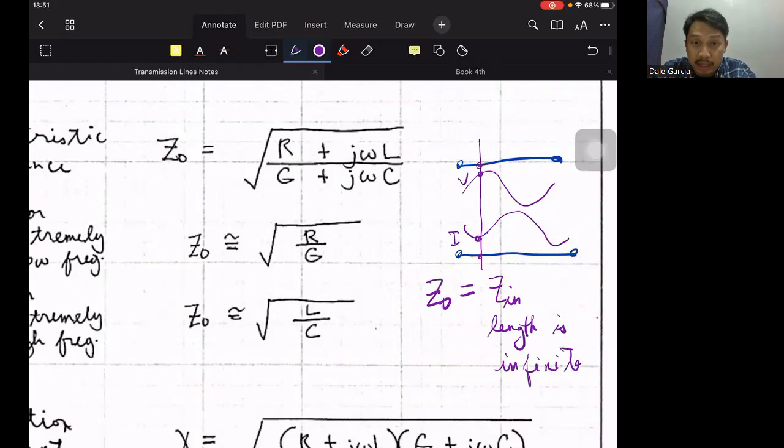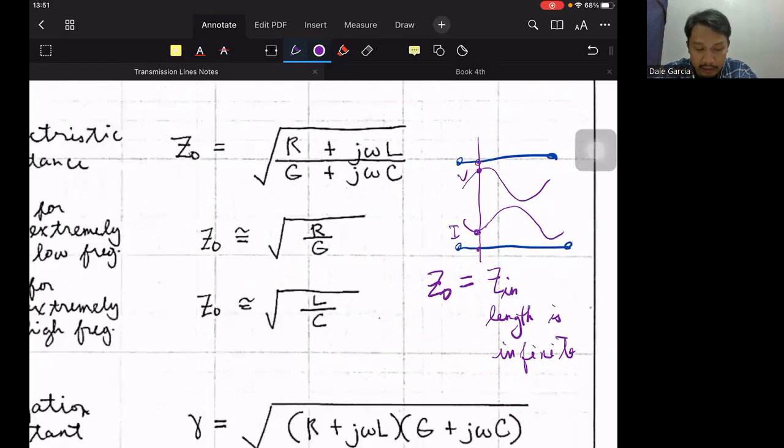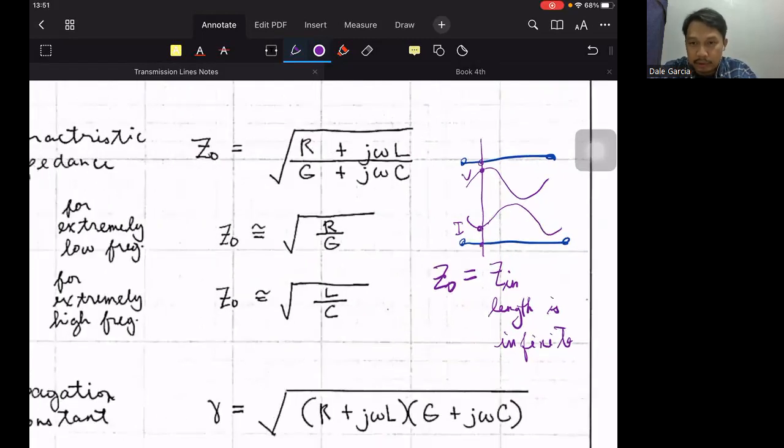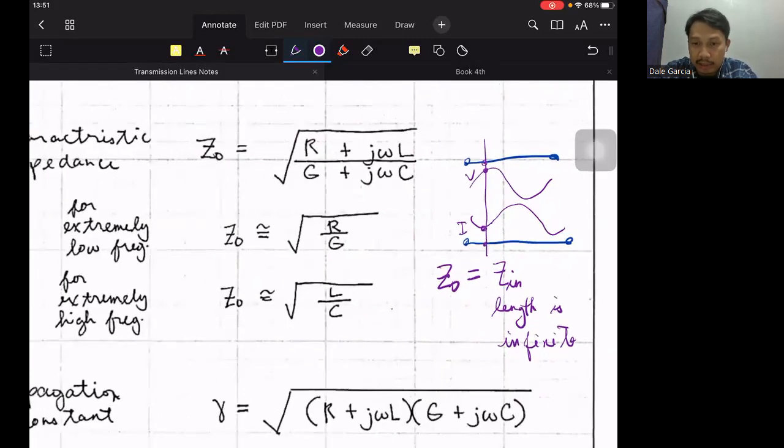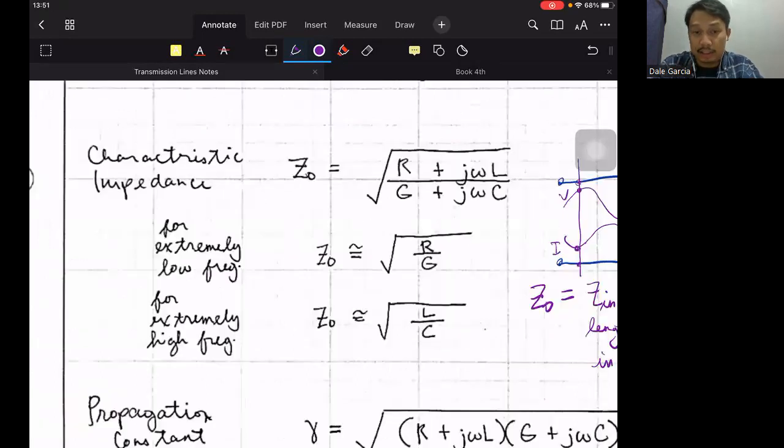Characteristic impedance is determined by the geometry and materials of the transmission line and for a uniform line is not dependent on its length. So that's how we define characteristic impedance. Even just by the name, it is the characteristic of the line that defines it.